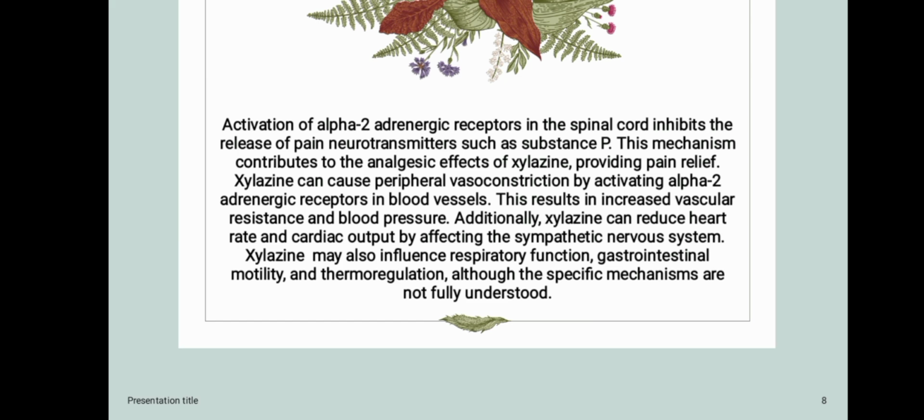This results in increased vascular resistance and blood pressure. Additionally, xylazine can reduce the heart rate and cardiac output by affecting the sympathetic nervous system. Xylazine may also influence respiratory function, gastrointestinal motility, and thermoregulation, although the specific mechanisms of xylazine in the body are not fully understood.